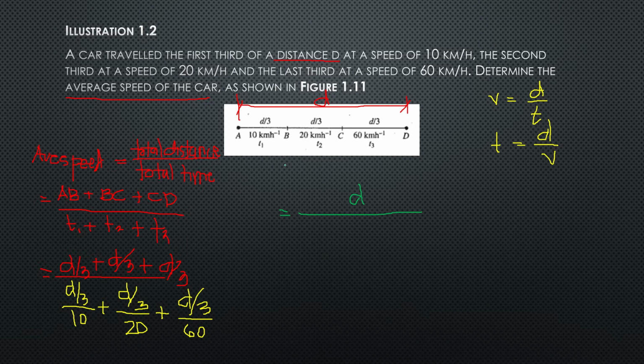Now, simplifying these fractions will give you how many? So let's simplify: that is D all over 30 plus D all over 60, plus D all over 180.